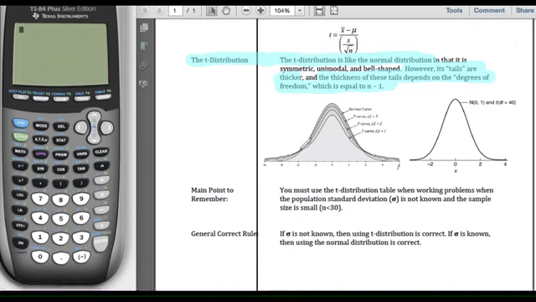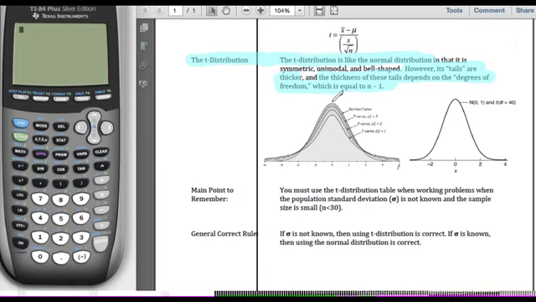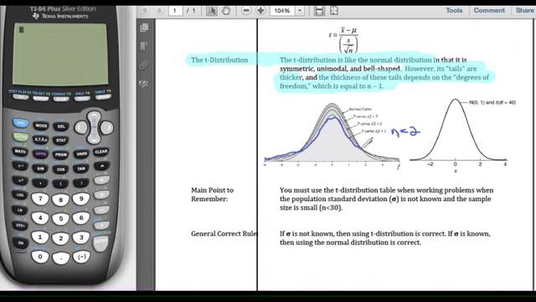And we have several t distributions here drawn under the normal distribution. This shortest curve, this t curve, has a df, a degrees of freedom of 1. That means the sample size is 2. 2 take away 1 would give you a degrees of freedom of 1. So you can see, if I trace over it in blue, this is that t curve, df 1.